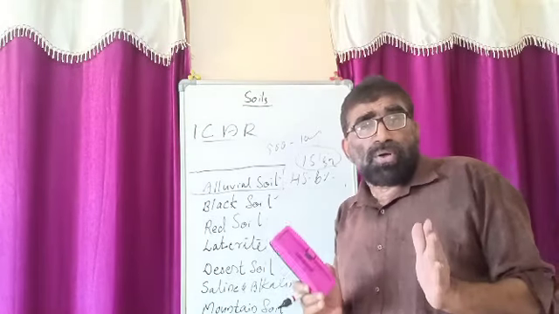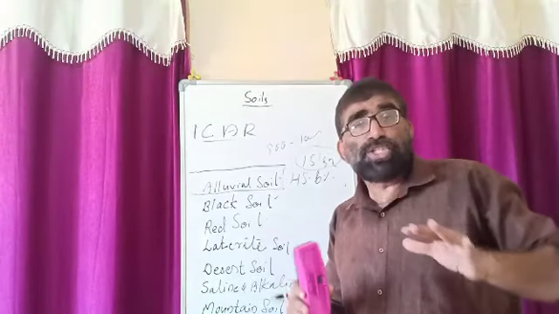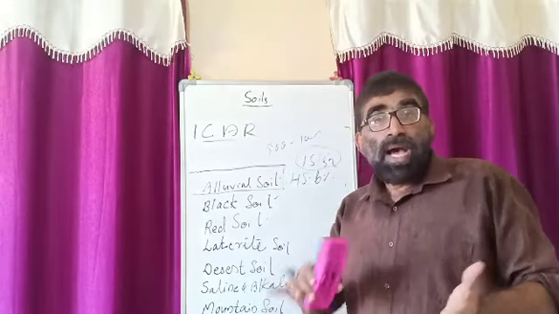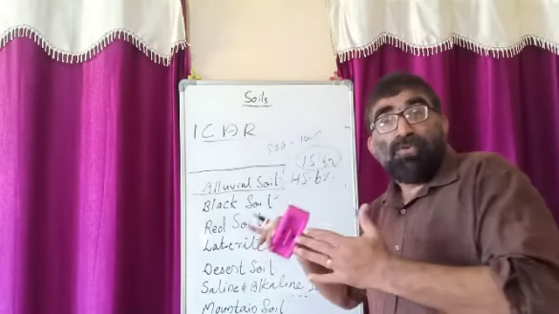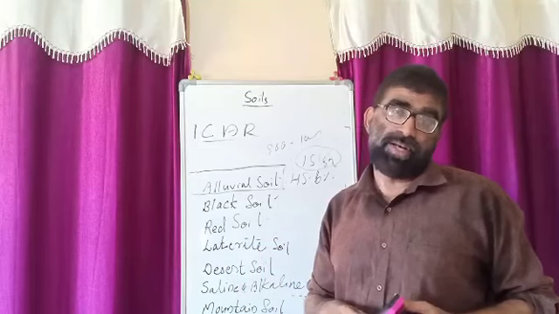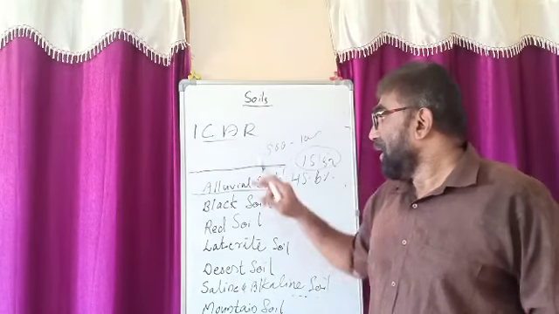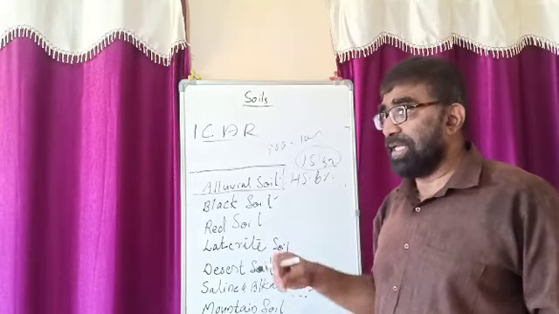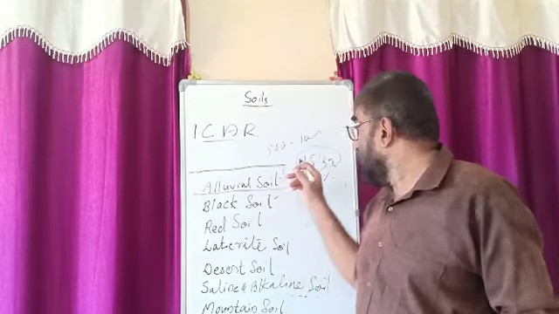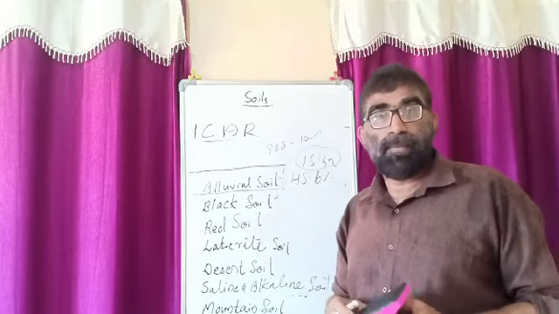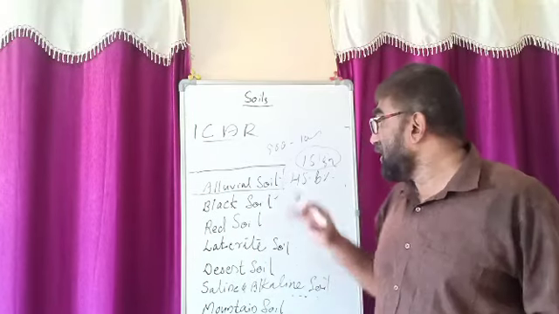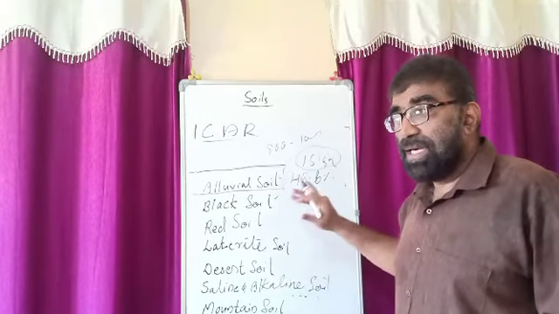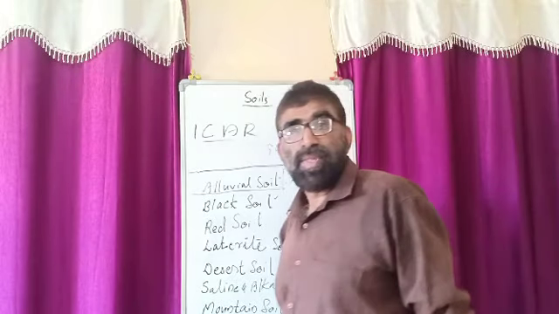In the upper areas the soil is coarse, in the middle it is medium grained, and it is fine grained there in the lower areas.